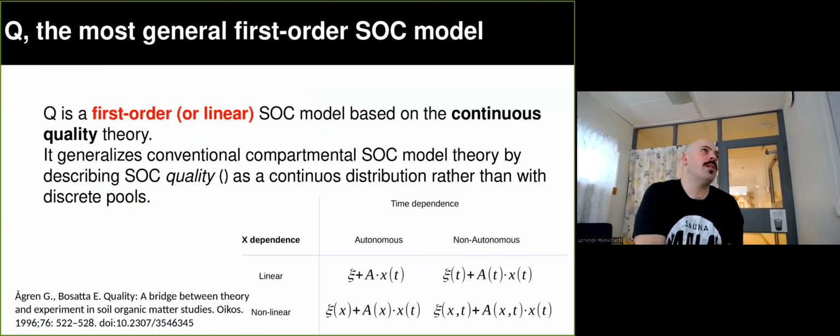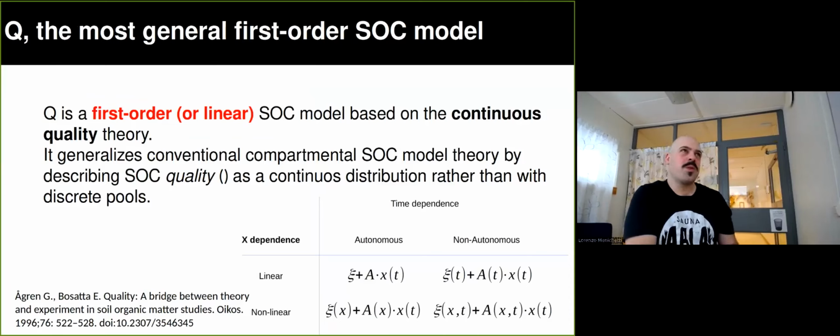In order to test it, I took Q, which is probably the most refined among these linear models. It is a linear model, but quite elegant.